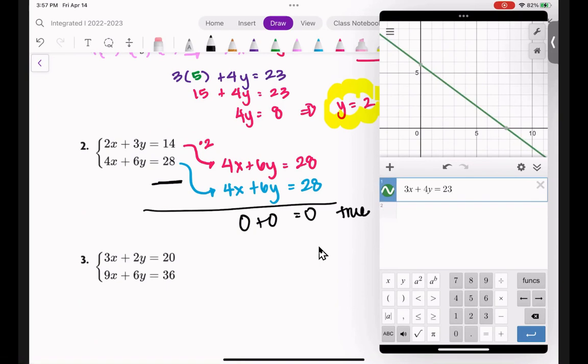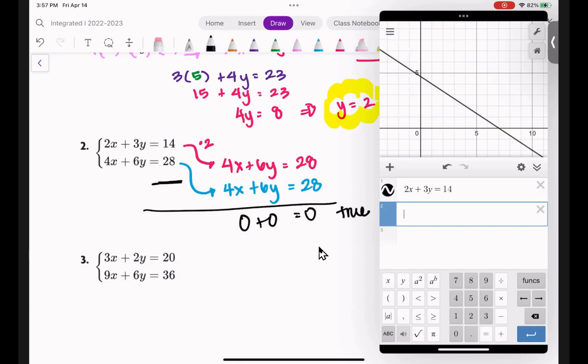Okay, there you go. Sorry, I just wanted to eliminate all that. So I'm going to graph 2x plus 3y equals 14. Now I'm going to graph 4x, and pay attention, because if you blink, you might lose it, 4x plus 6y equals 28.